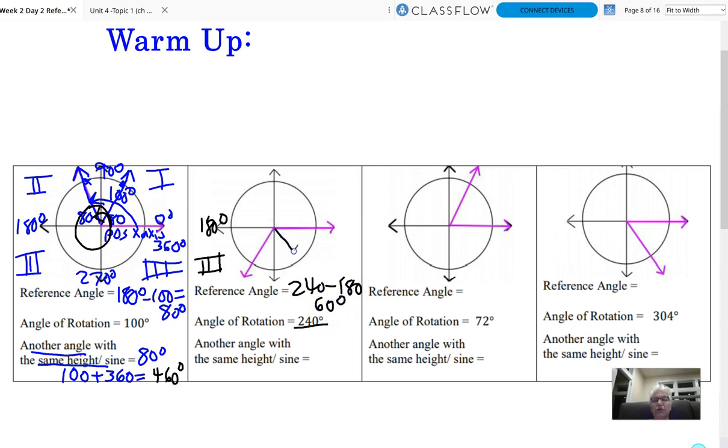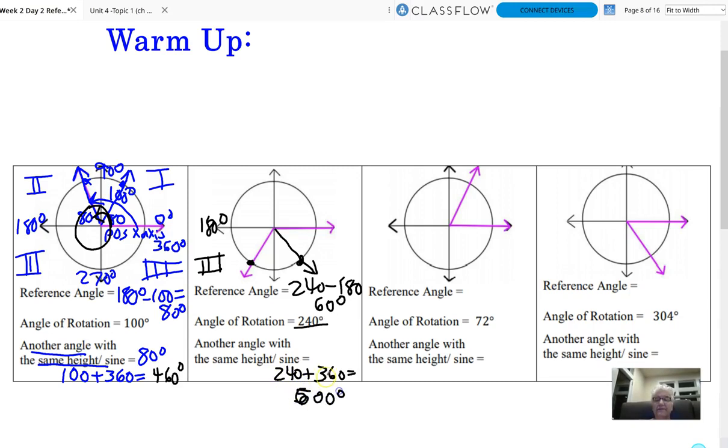You can rotate here, and that would be the same sine or the same height, or you can take your 240 degrees and add 360. Do not add 360 to the reference angle. Add it to the angle of rotation.